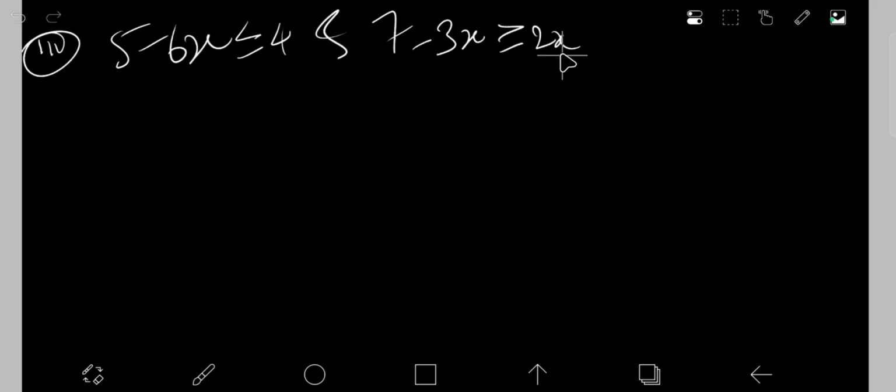This side is plus x now, so this side is the largest because this side is negative, so this is less than this one, and this side is minus, so we solve in one line.